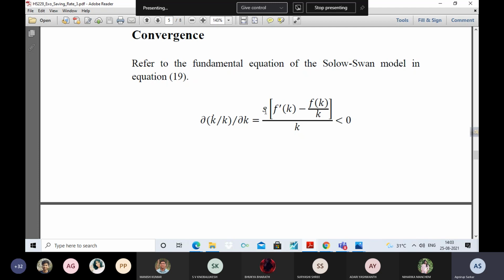This would be the expression for the partial derivative, and very easily you can figure out from the assumptions of a neoclassical production function that this expression would be negative, right?